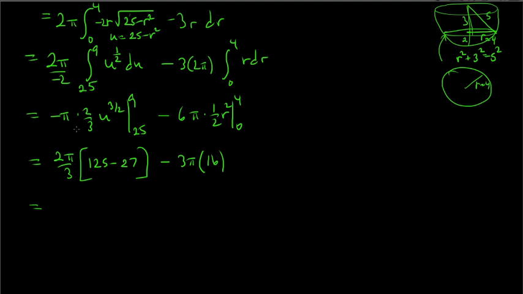And then 98 divided by 3. All right. And then 98 times 2 is 196.